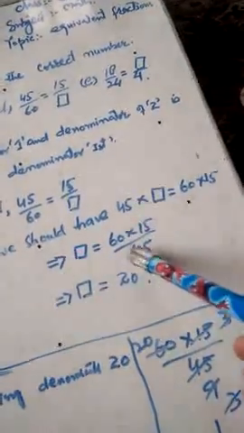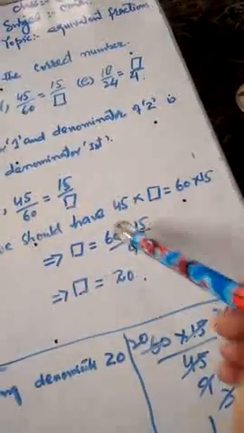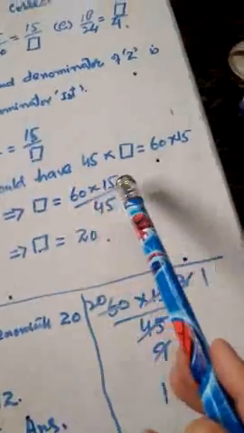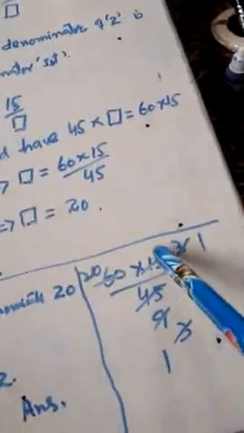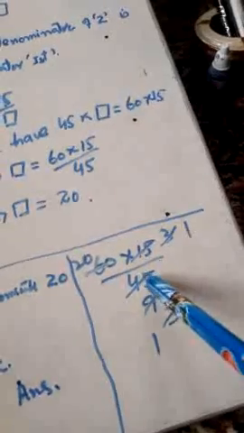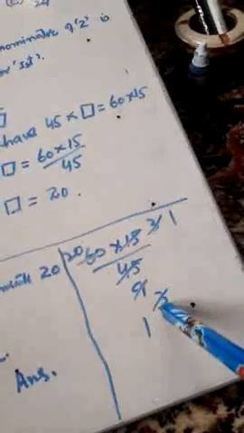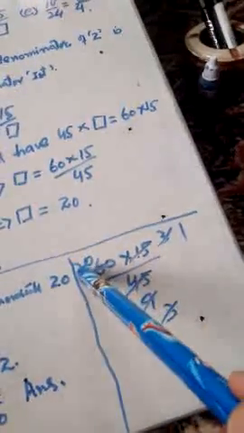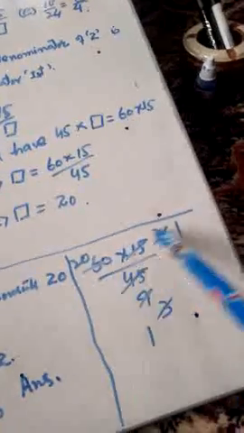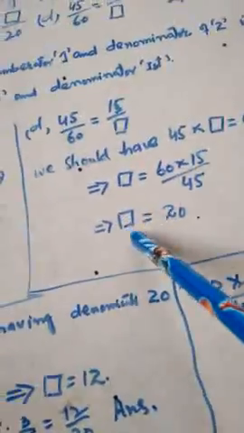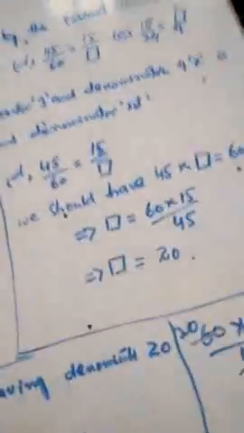Therefore 45 will divide 60 into 15. 5 3s are 15, 5 9s are 45, then 3 1s are 3, 3 3s are 9, then 3 1s are 3, 3 20s are 60. Therefore 20 into 1 is equal to 20 by 1, that is equal to 20. This blank space should be equal to 20.